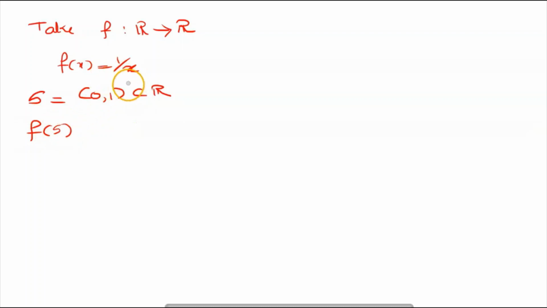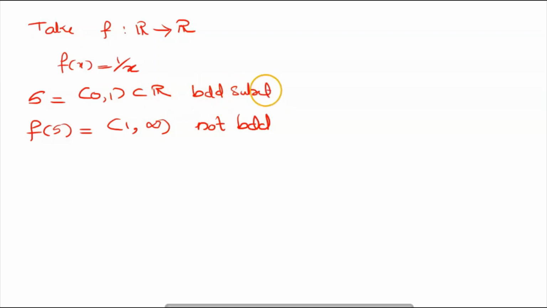Under the map 1 by x, (0, 1) maps to (1, infinity), which is not bounded, but S, (0, 1), is a bounded subset of R. That is, option D is false.